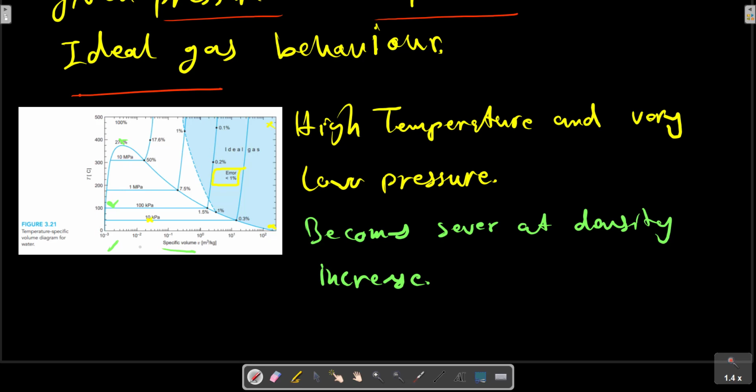The general trend is as in the previous pictures: as the states become further removed from the saturated region, the behavior of the gas becomes closer to that of the ideal gas model. So the next section is the compressibility factor, in the next video part.